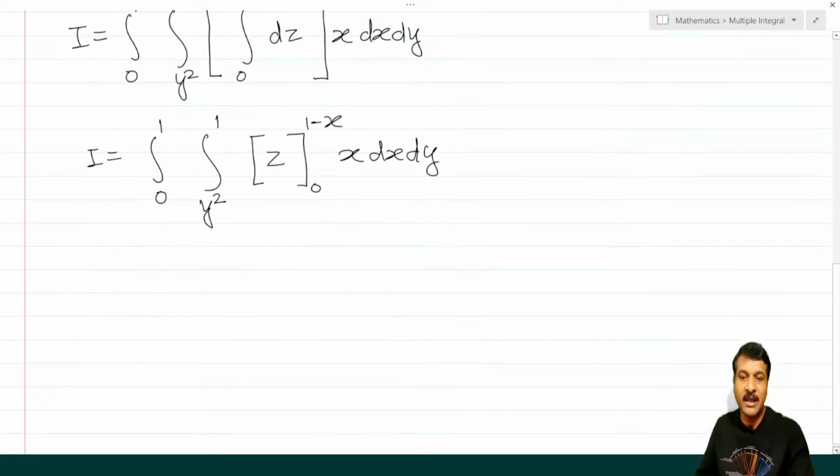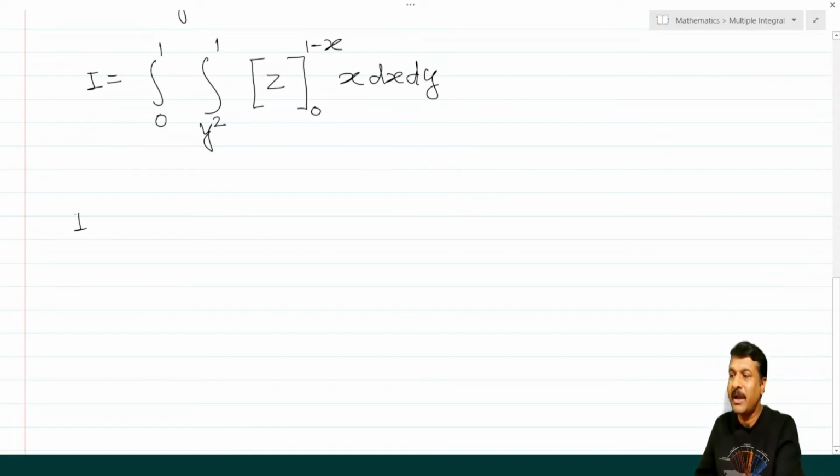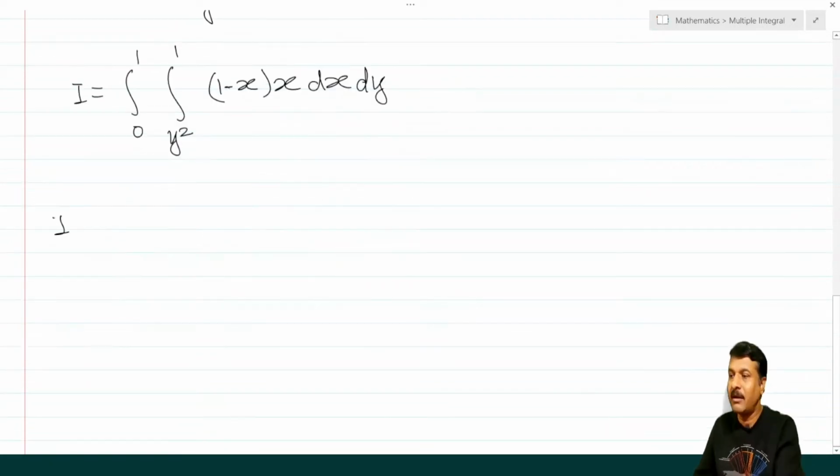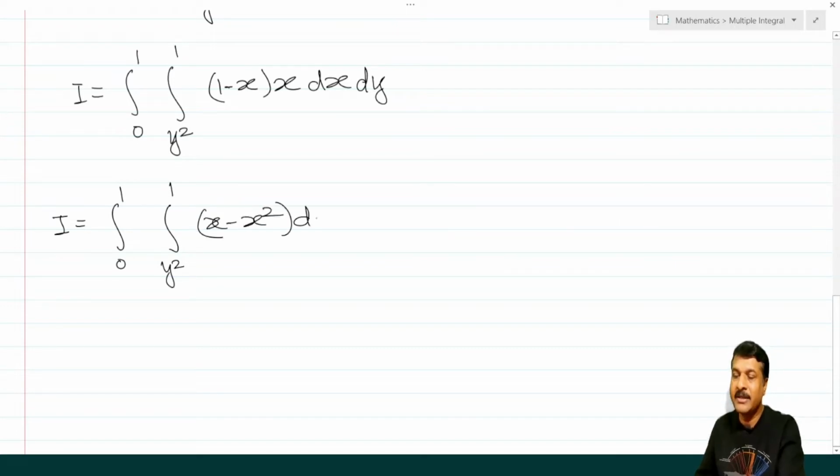Evaluate it. I am getting upper limit minus lower limit, and that is why I equal to integration 0 to 1, inner integration y square to 1, and 1 minus x minus 0, outside as it is. So simplify it. I equal to integration 0 to 1, inner integration y square to 1, and here x into 1 minus x means x minus x square, dx dy.